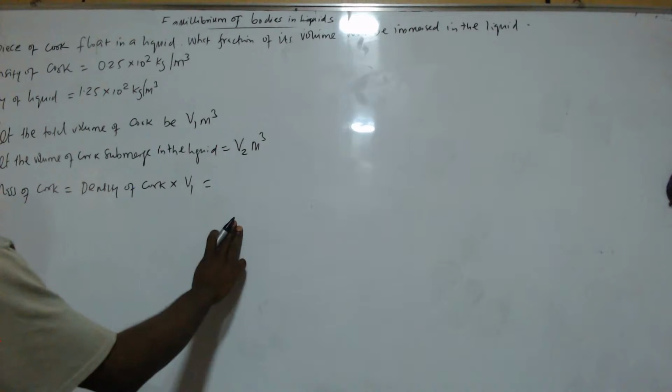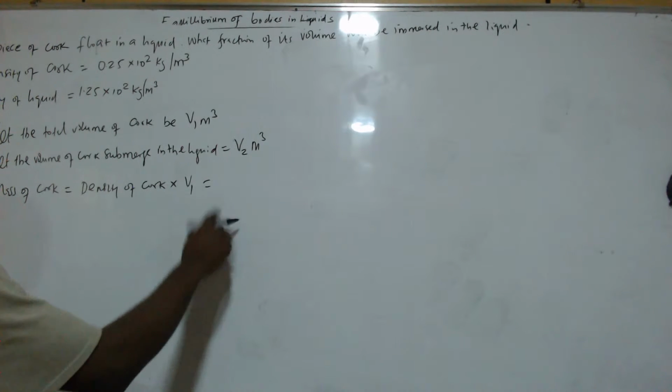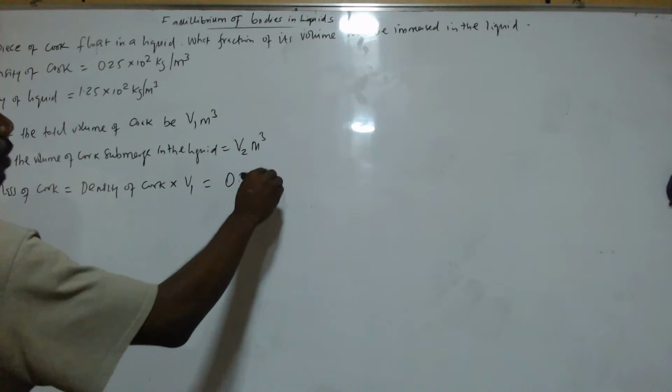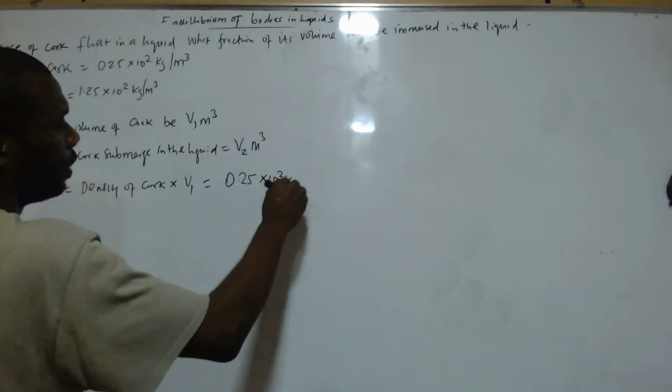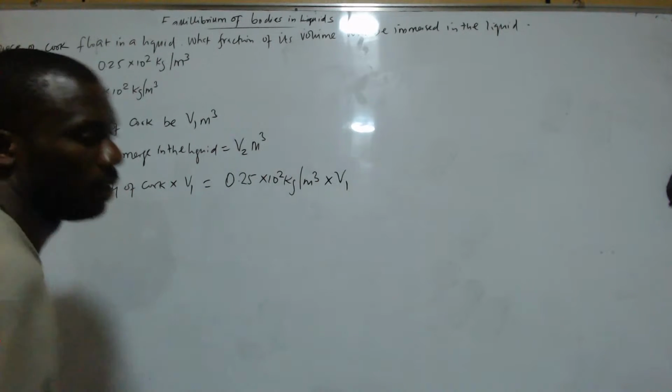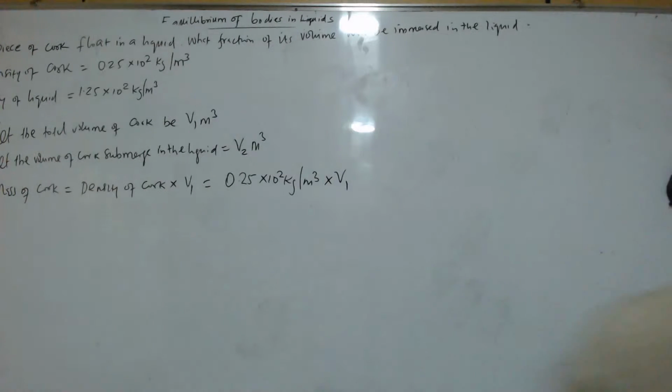So density of cork was 0.25 times 10 to the power 2 kg per meter cube times V1. Then we say that when the cork floats, its weight is equal to the weight of the liquid displaced.